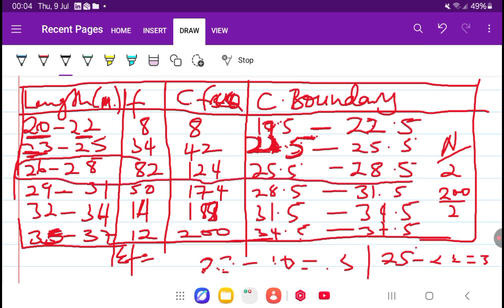You circle that, maybe with a pencil, because that's where we have the 100. We don't have 100 specifically, but we have a value that is above 100, which is 124. So we have identified the median class, then you come down here, you start the computation.